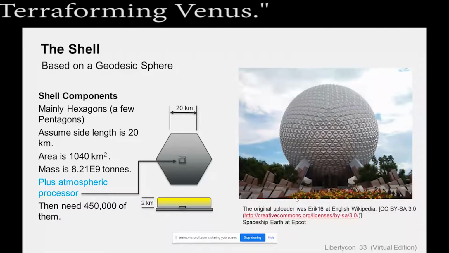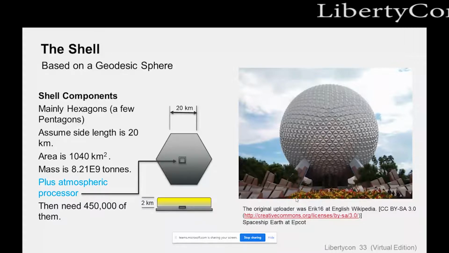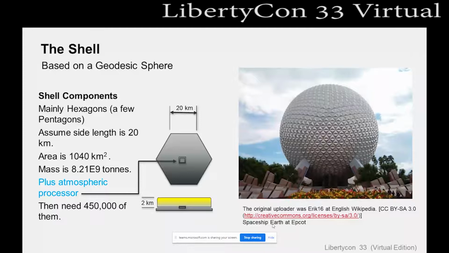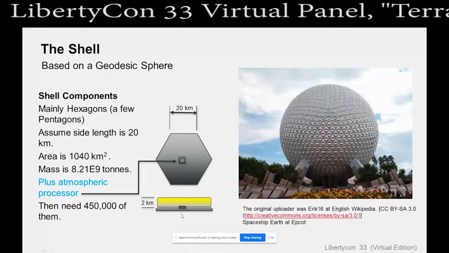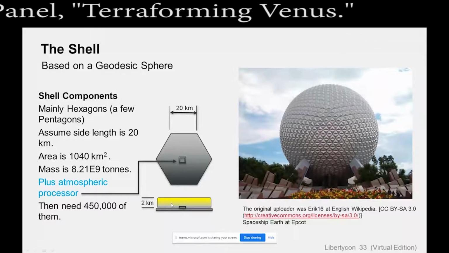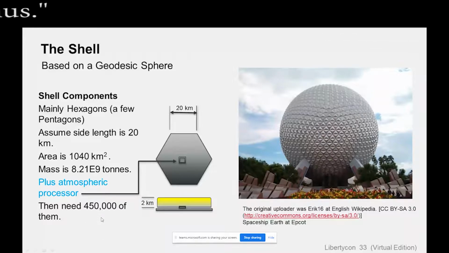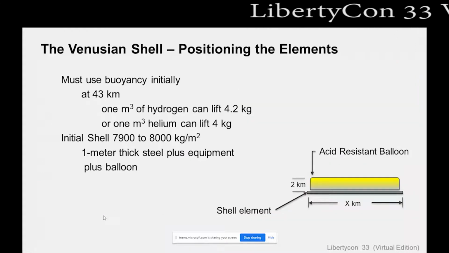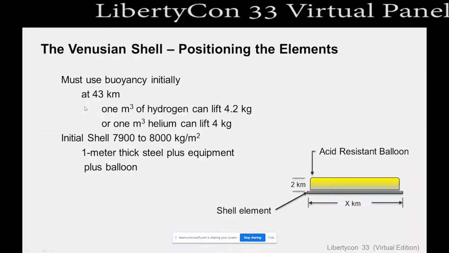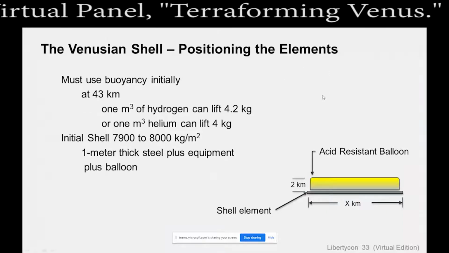We also need to put atmospheric processors on this thing, and in order to get it to hover where we need it, we're going to have to support it with a big balloon, and we'll talk about that in a minute. And it turns out you need about 450,000 of these things. No one ever said terraforming was a minor effort, but sometimes the rewards are worth it.